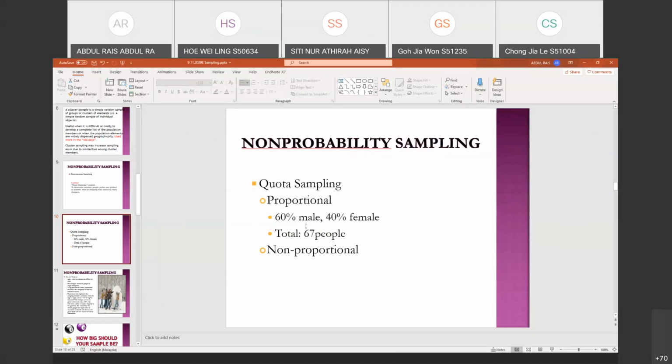Dan survey ni dibuat katakan pada Januari 2021. So that's data collection hanya valid untuk that period of time sajalah. Kalau dia buat longitudinal study, mungkin dia kena gather another round of samples, another round of survey using the same quota or different quota.